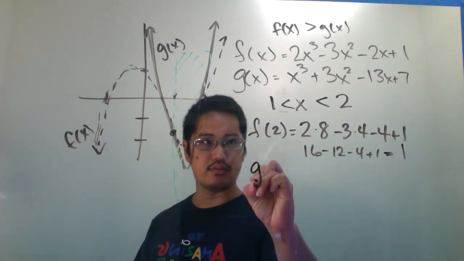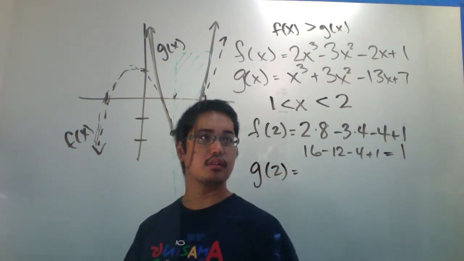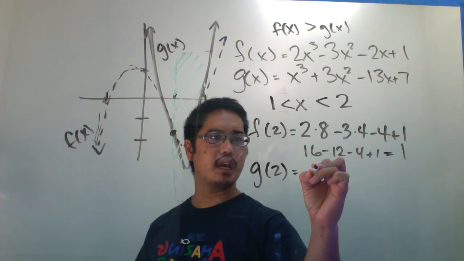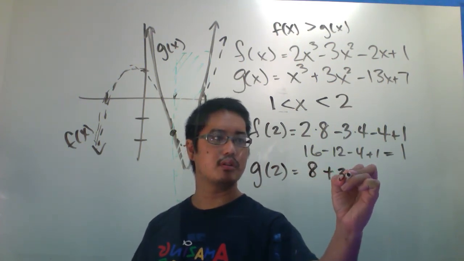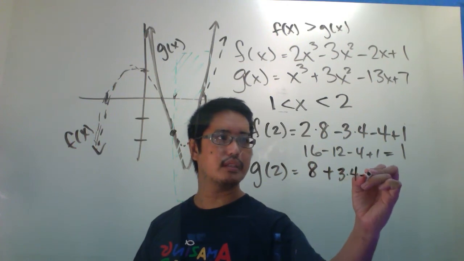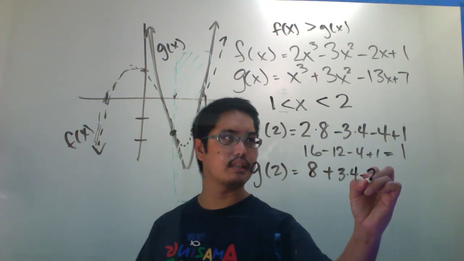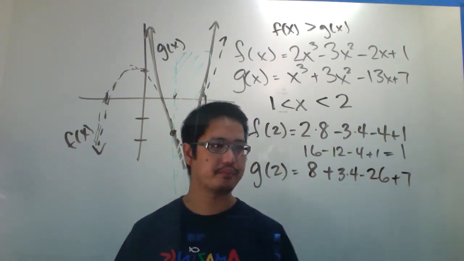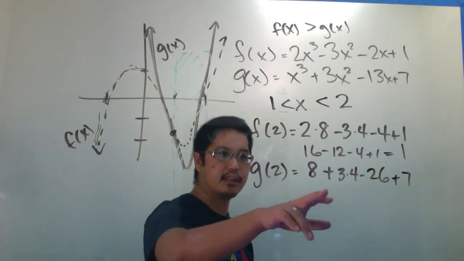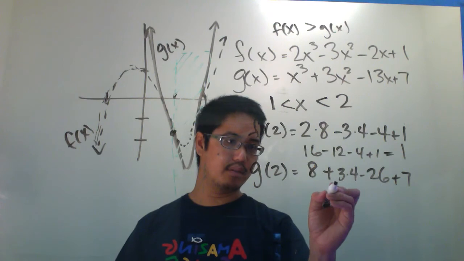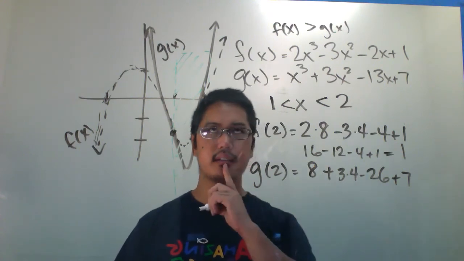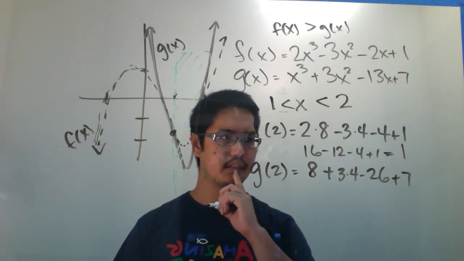What is g of 2? Okay, that would be 8 plus 3 times 4, minus 26 plus 7. All right, so that's 8 plus 12, that's 20, right?